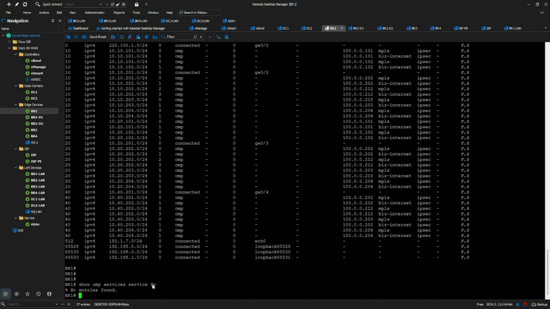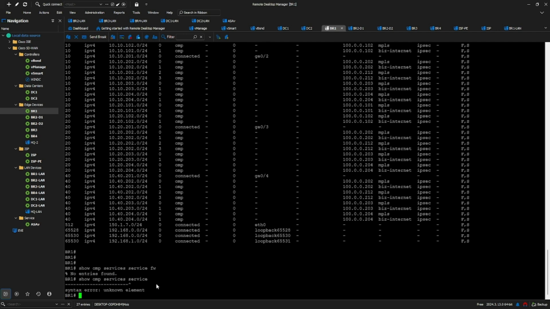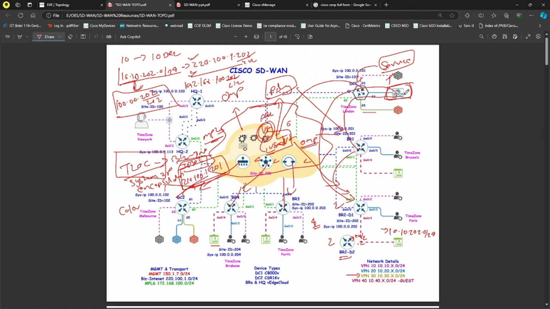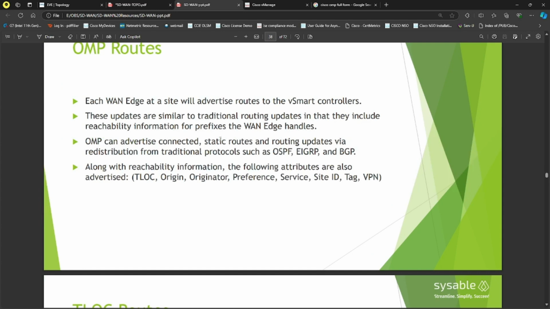So I have no firewall policies or services going on. It's currently only showing me the service VPNs, that is VPN 10, 20 and 40 which we created. Apart from that, no other IPS or firewall service routes have been advertised yet. When we do the service chaining, we will definitely see how it is advertised.